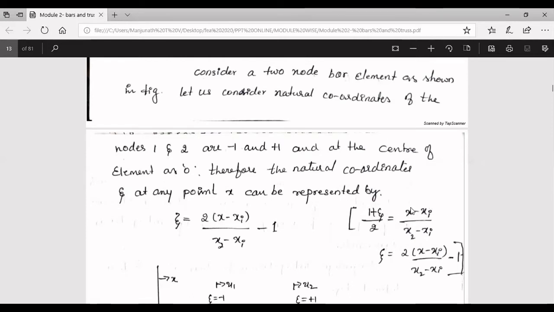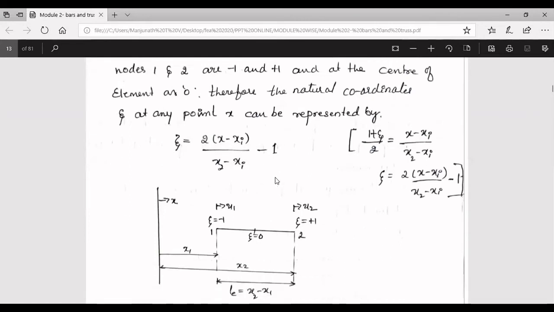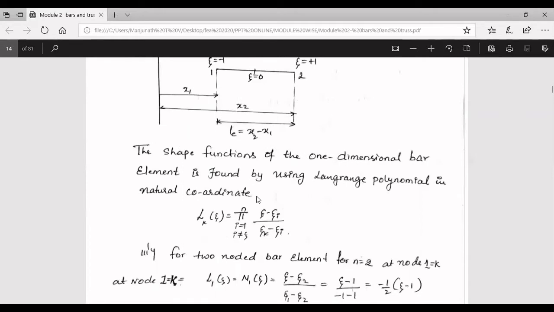This is the global coordinate system shape function for the one-dimensional case, and this is the natural coordinate system shape function at node number 1. Taking the relation of both coordinate systems, we can relate them like this. The shape function of the one-dimensional bar element found by using the Lagrange's polynomial in the natural coordinate system is what we are going to discuss now.